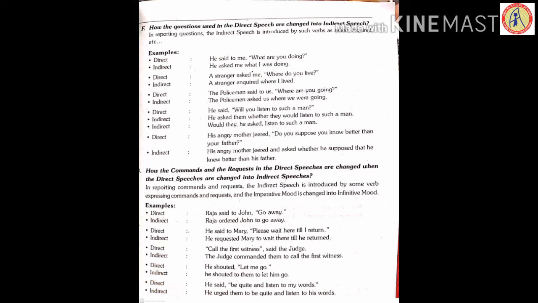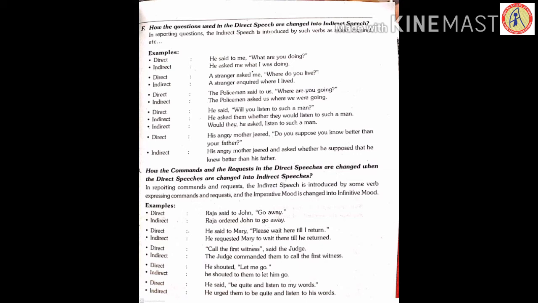So while changing this, we will make it: he asked me. We never write said to or told. He asked me what I was doing. Immediately, interrogative changes into assertive. So "what are you doing" changes into "what I was doing," full stop. It's a very important rule: interrogative always changes into an assertive statement.